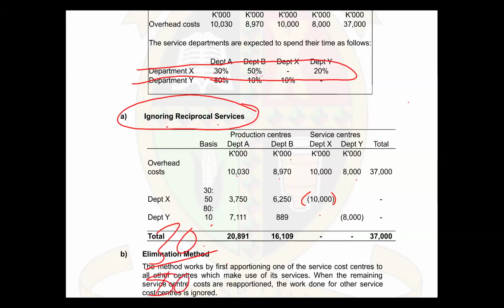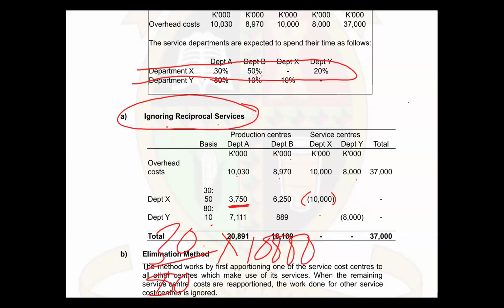So say 30 over 80 multiplied by 10,000. What do you find? You can do your math. 30 divided by 80, then multiplied by 10,000. What do you find? 3,750. Yeah, so this is how you find this.